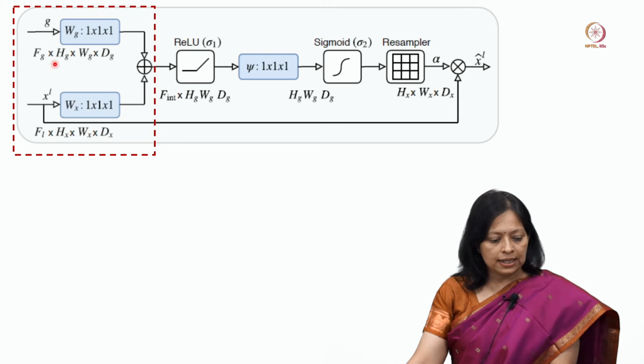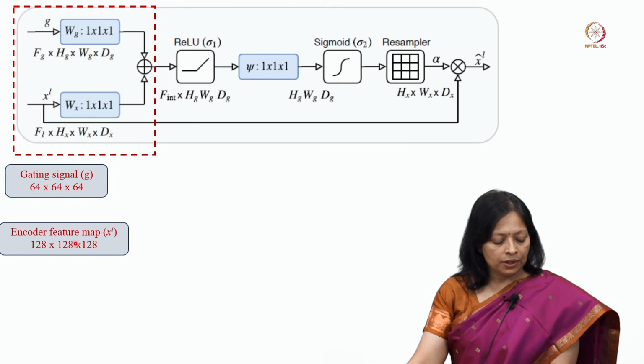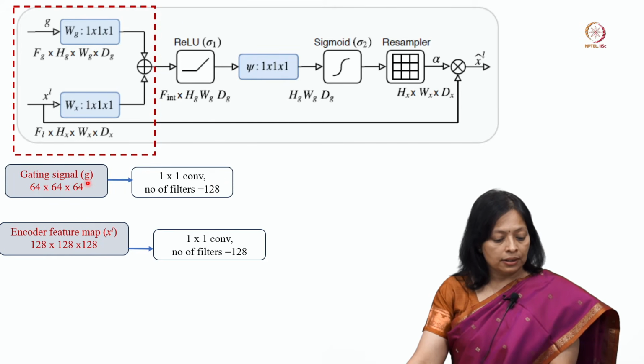We have the gating signal and the encoder feature map going through 1 cross 1 convolutions. Why do we need this 1 cross 1 convolution? Because we want to bring both of these into the same dimensions. If the stride here is 1 and here the stride is 2, then the 1 cross 1 convolution with stride 2 makes the feature size half, which is 64.